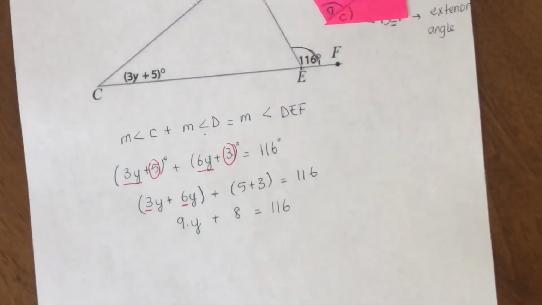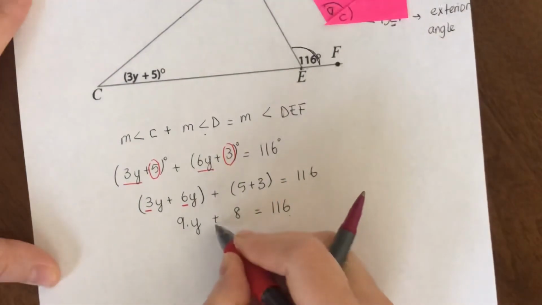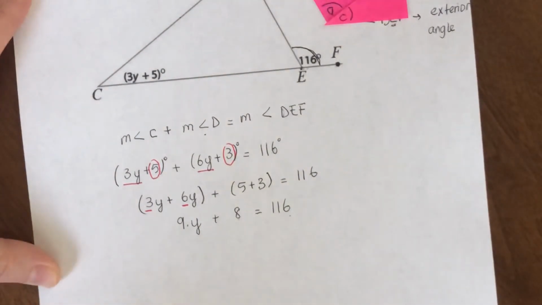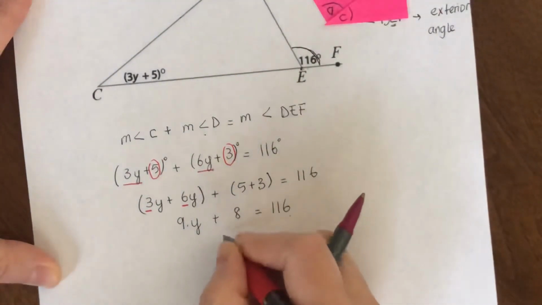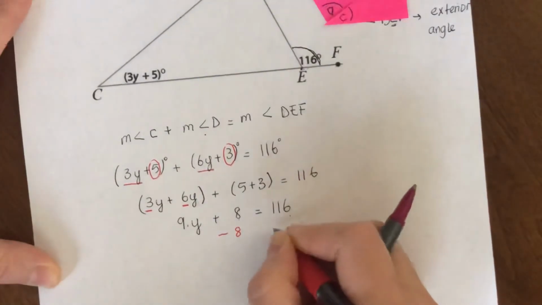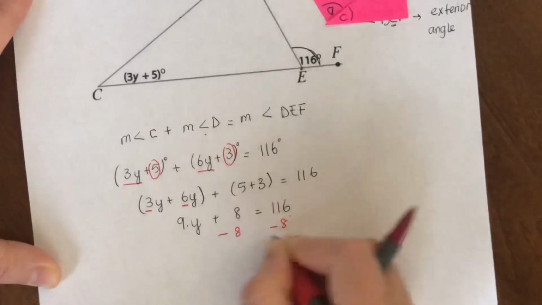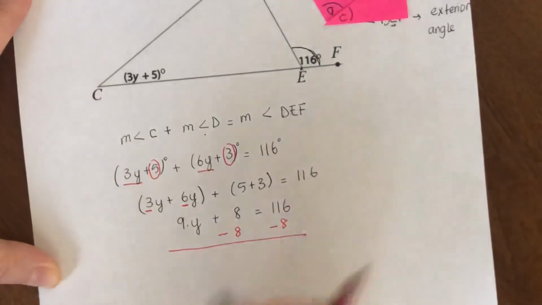Okay, now we have a variable and a number on the left side, and only a number on the right side. I want to find the y value from this equation. How do you solve this? Again, we want to isolate y, right? We have positive 8 on the left side. We need to subtract 8 from both sides. Again, I'm keeping balance.